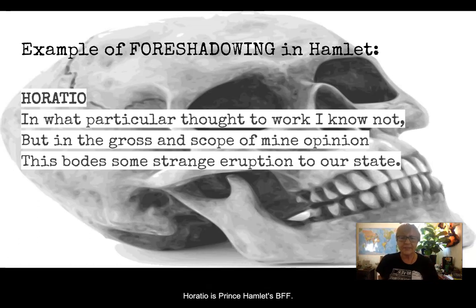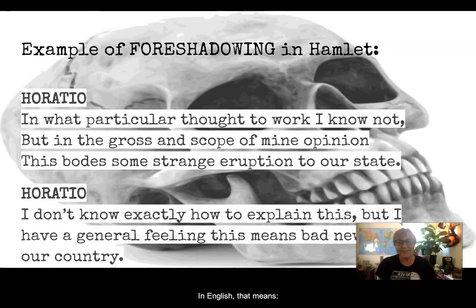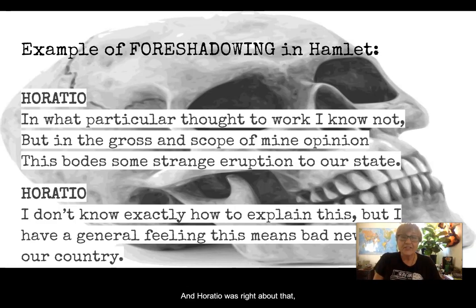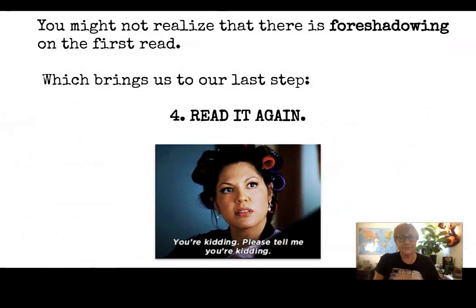Horatio is Prince Hamlet's BFF, and he says, "In what particular thought to work, I know not, but in this gross and scope of mine opinion, this bodes some strange eruption to our state." In English, that means, I don't know exactly how to explain this, but I have a general feeling this means bad news for our country. And Horatio is right about that. Let me just tell you.